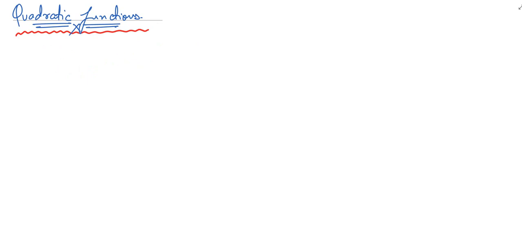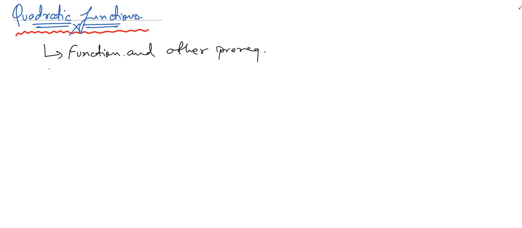Let's first have a look at the flowchart, how we will be proceeding in this video. Since this topic is a kind of function, we'll first try to understand what a function is and some other prerequisites, right?